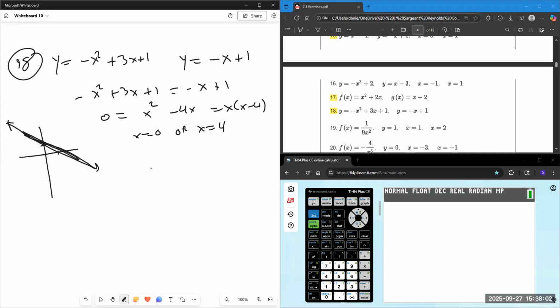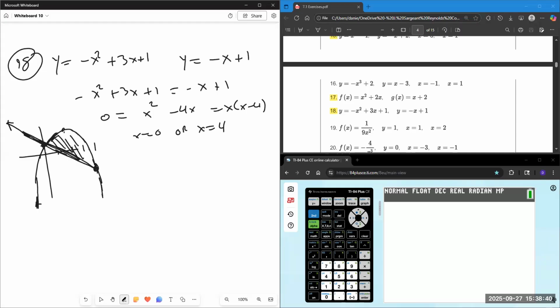Points of intersection are at 0, 1, so it goes through there, and it goes through 1, 2, 3, 4, -3 right here, and it has a vertex somewhere up here, goes up, comes back down.